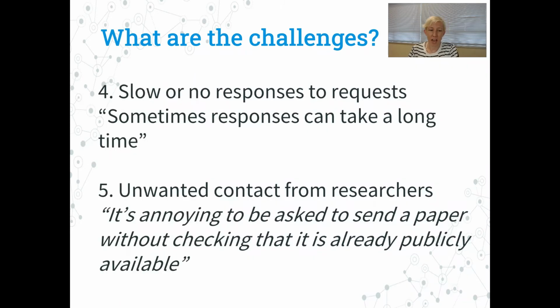So next I have two minor challenges that are related. The first is slow or no responses to requests. So we might request a paper, we see it on ResearchGate, we can't access it elsewhere, we request it from the researcher, we hope to receive a copy, but it takes a long time, or you don't get a response.